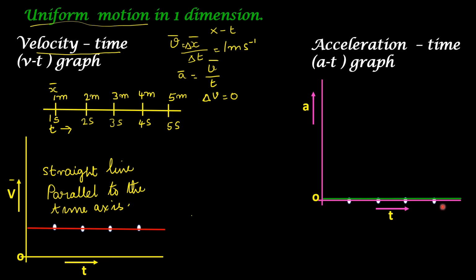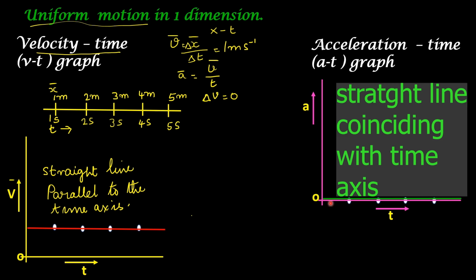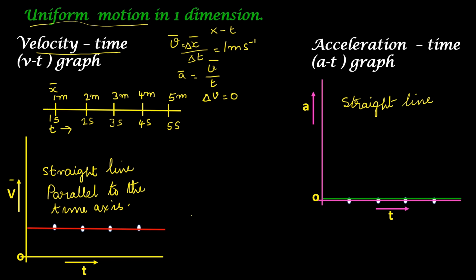You see the green line there. That green line corresponds to acceleration. It should be on the red line, but here I have shown it slightly above the red line so that you understand it. Actually, the x-axis represents the acceleration. So the shape of the graph is a straight line and it coincides with the time axis.